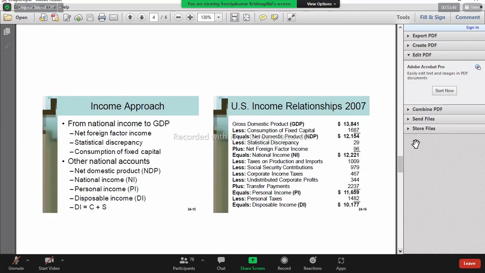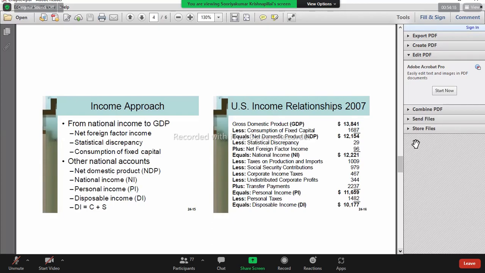Then we will get GDP. So we can calculate another account, net domestic product. If we subtract depreciation, that consumption of fixed capital, from GDP, then we will get net domestic product.